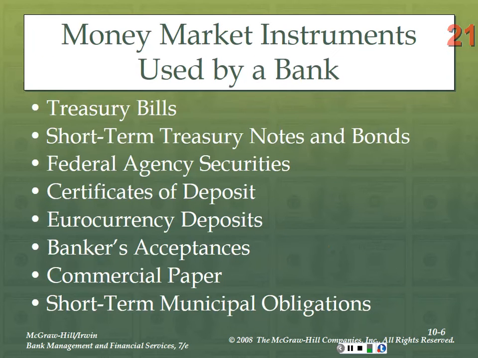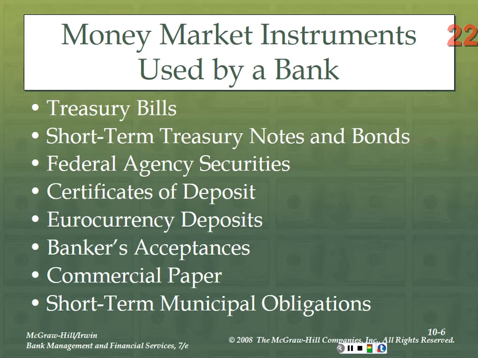So as we take a look at the money market instruments that could be used by a bank, again, all banks don't use all of these, but this is a pretty comprehensive list. One of the most popular investments are simply Treasury bills. Treasury bills are simple. They're short-term, they're about as safe as you can get when it comes to an investment, and banks love Treasury bills.